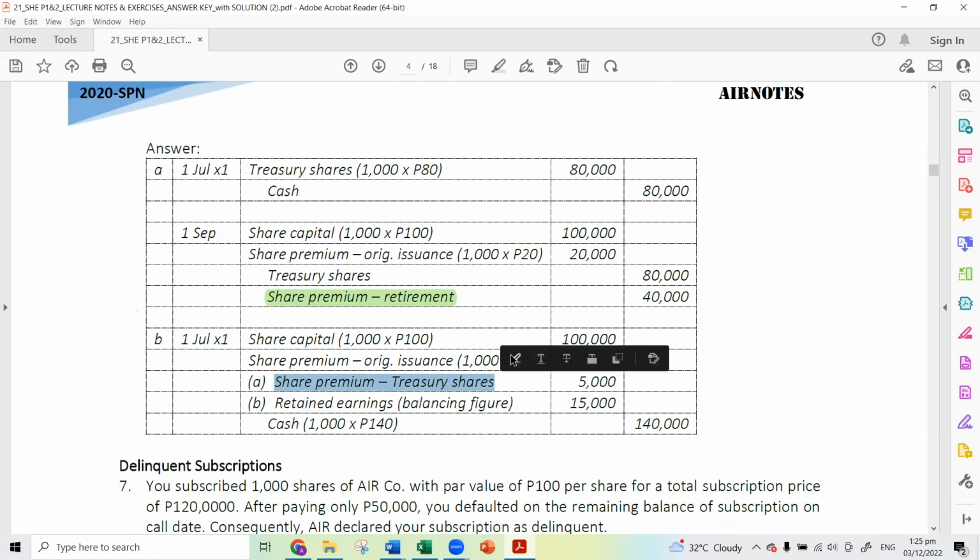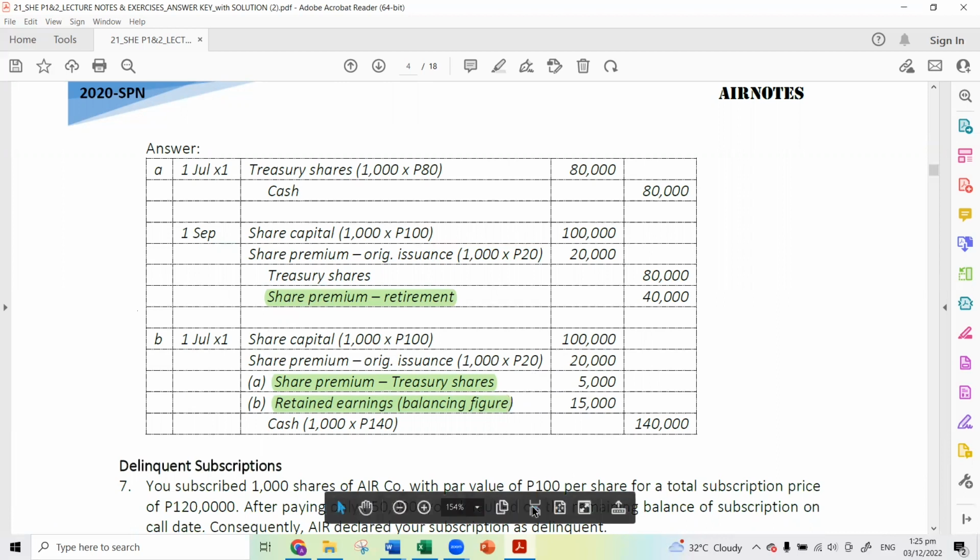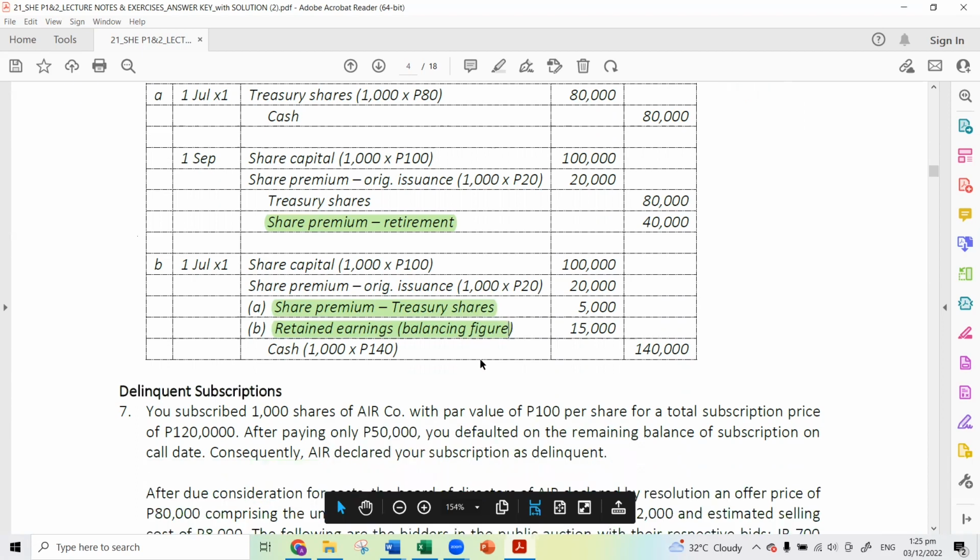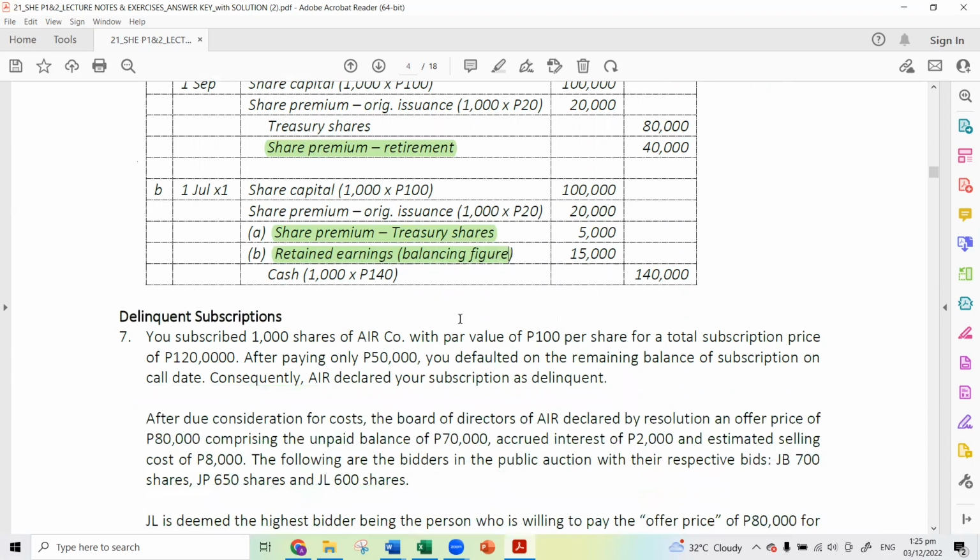Pagkatapos, sunod mo si retained earnings. Okay? Again, kailan to ginagawa? If the par value and the related share premium of the retired shares are less than the retirement cost. The difference is debited to the following order of priority: your share premium, treasury shares, and the retained earnings, if these share premiums are insufficient. Okay? So that is the order of priority.